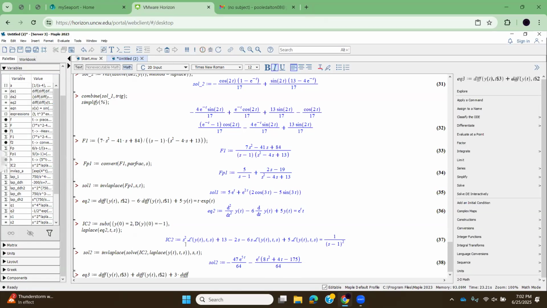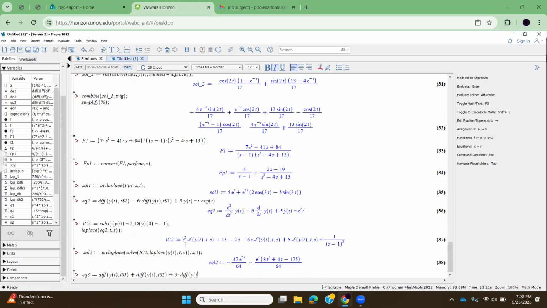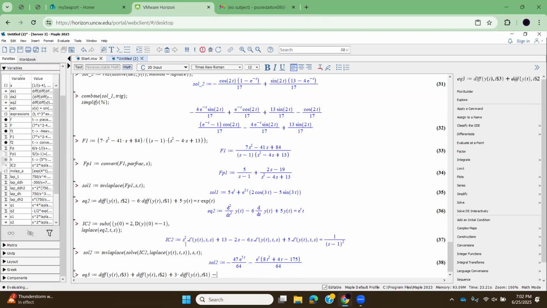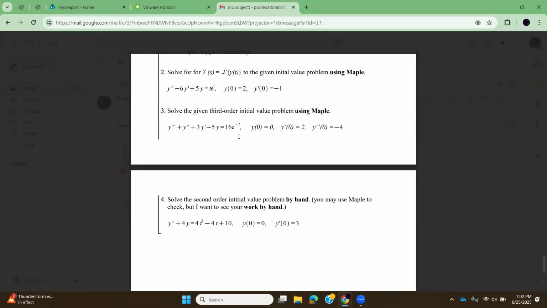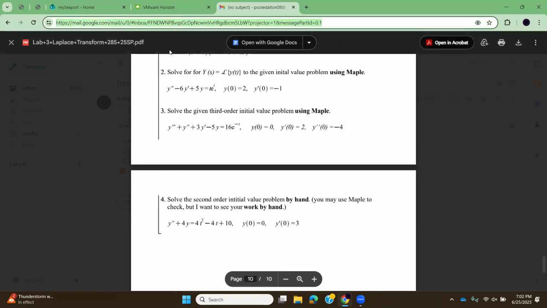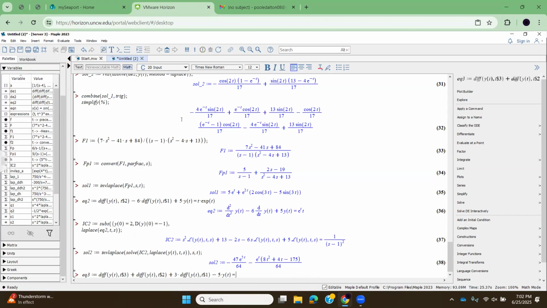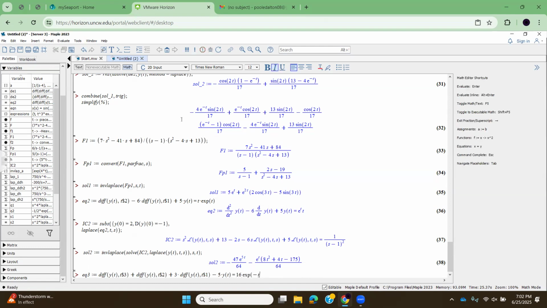So 3 times diff parentheses Y of T comma T money sign 1 and minus 5 times Y of T. And that's all equal to 16 e to the minus T. So equals 16 exp minus T.